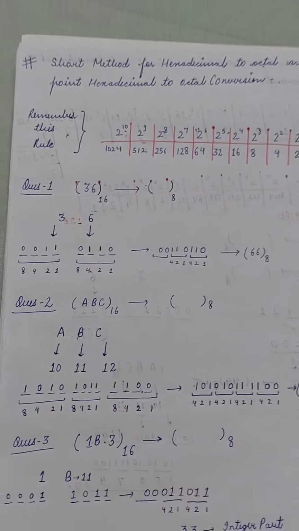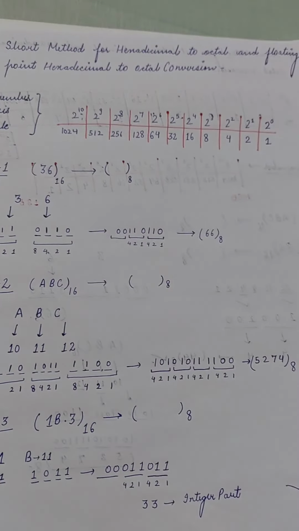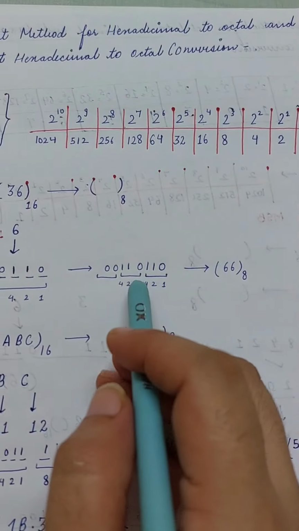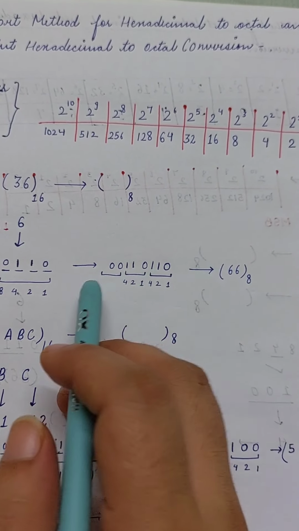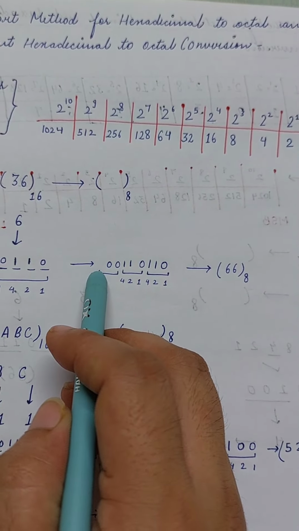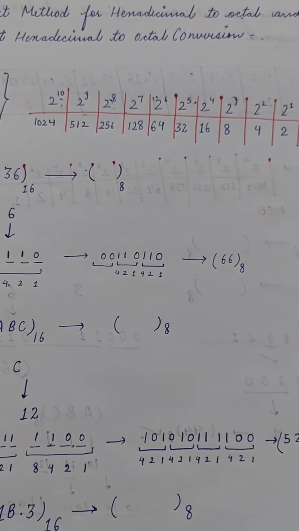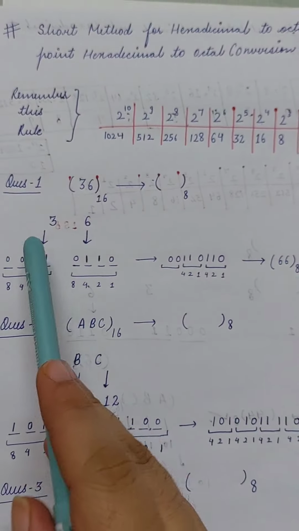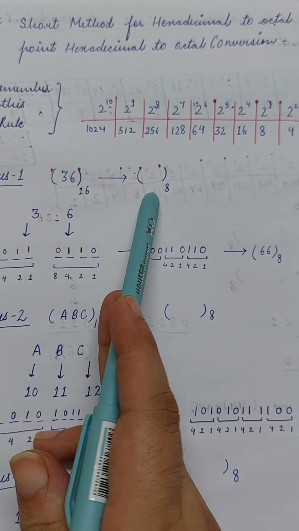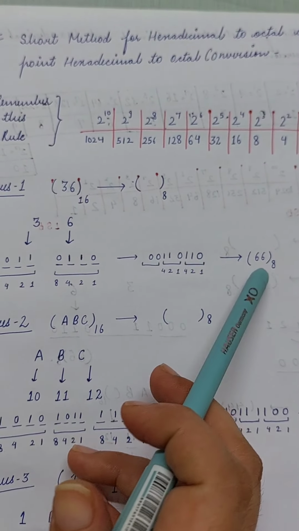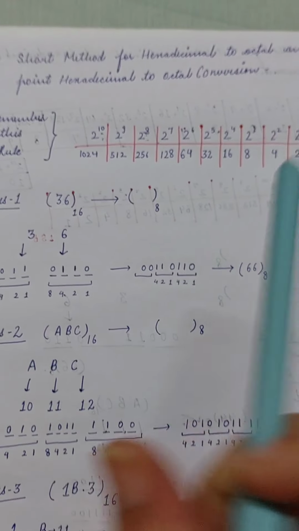So it will give you one digit of your required octal number. Now see the next group. Again we have the same 2 and 4. So it will give you 6, and the rest is 0, so it won't affect the answer. So the answer for this particular question, converting this hexadecimal number into octal, is 66 with base 8.